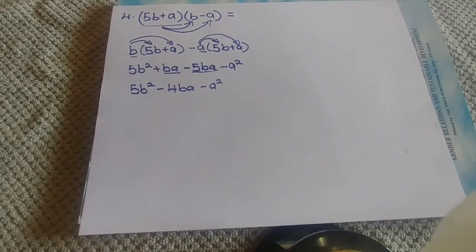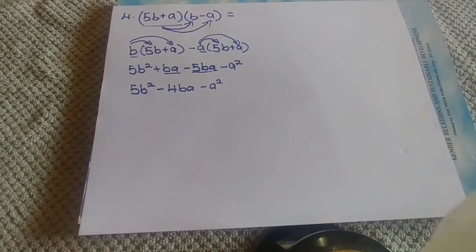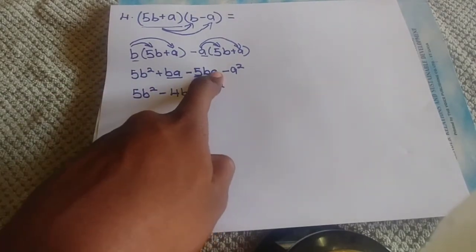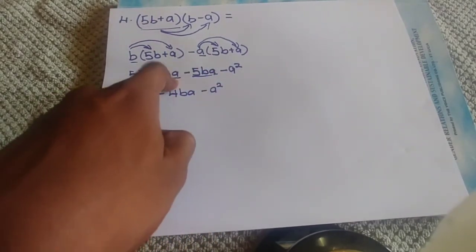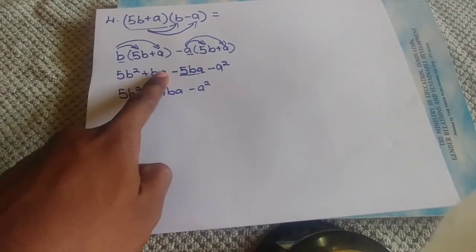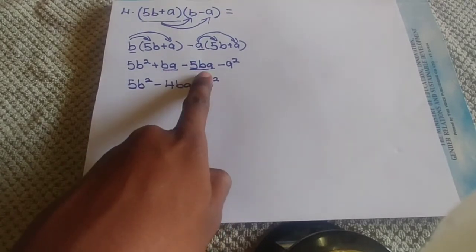Let's say a pencil. So you take a b and you take a and you put them together to make a pencil. So that means if this is a pencil, then this is a pencil as well. So these two terms are like because both of them will be pencils. Or since both of them contain ba, they are like terms. So you can subtract them.